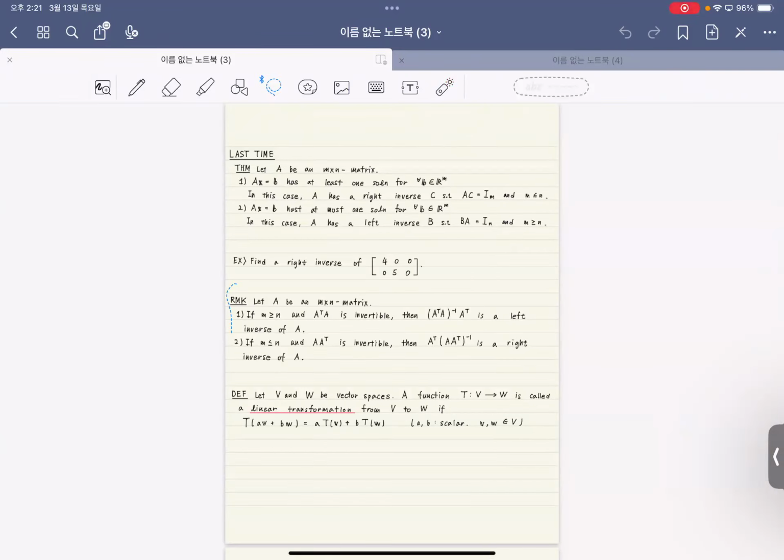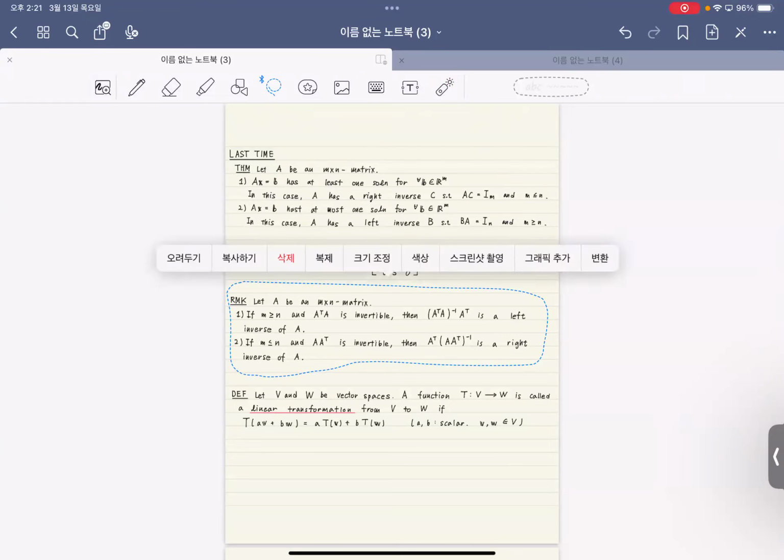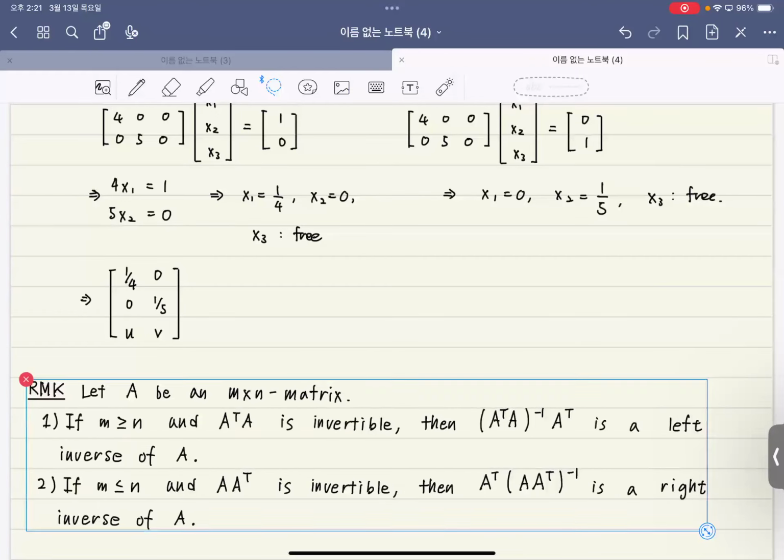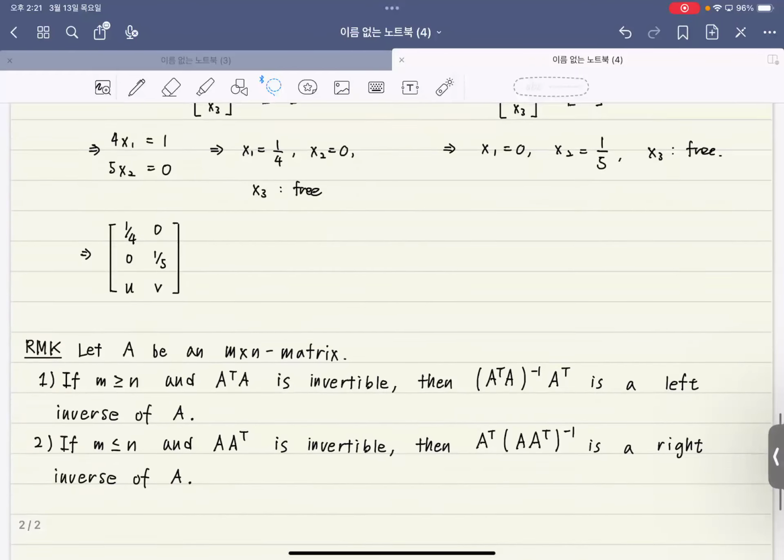And I was able to find a very interesting remark from our textbook. Suppose that m is greater than or equal to n. So in that case, A is a narrow matrix.